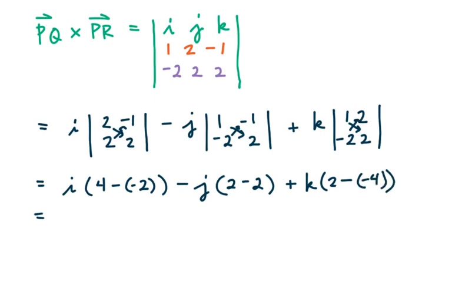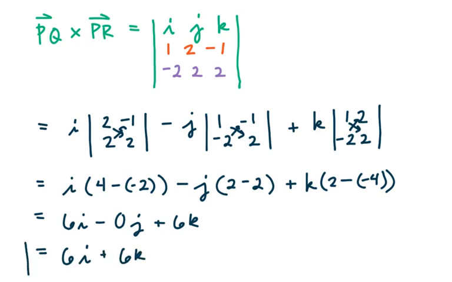So that simplifies to positive 6i minus 0j plus 6k, or rather 6i plus 6k. This represents a vector perpendicular to the plane formed by the vectors PQ and PR.